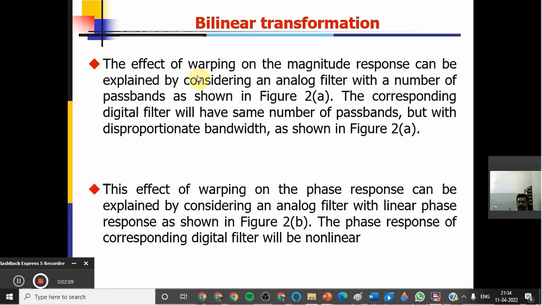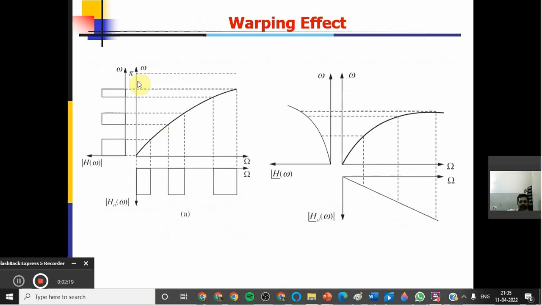Now we are going to see the effect of warping on magnitude response by considering a diagram. This is nothing but the magnitude response. This is the analog cutoff frequency omega, and this is the digital cutoff frequency omega.